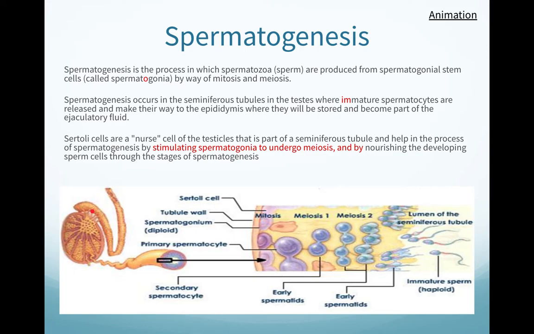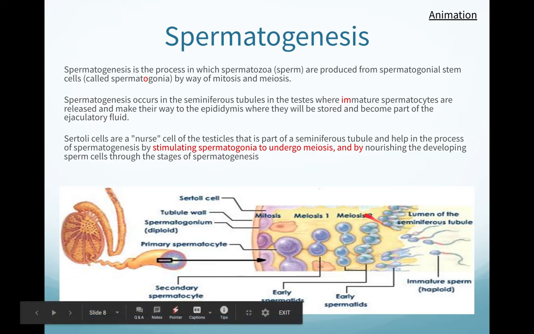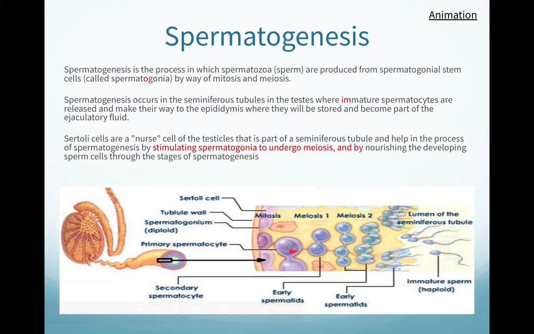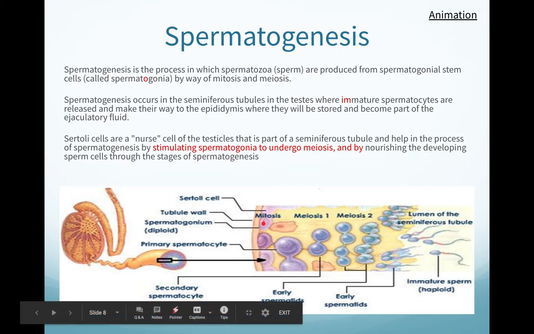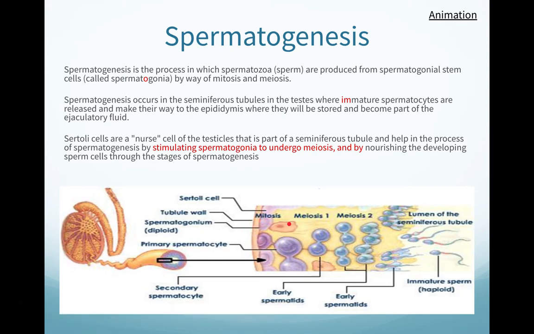Now, within the seminiferous tubules, this is a little cross section of a tubule. You can see here the spermatogonium on the very outside of the tubule, and beside the spermatogonia, the helpers of spermatogonia are called Sertoli cells.